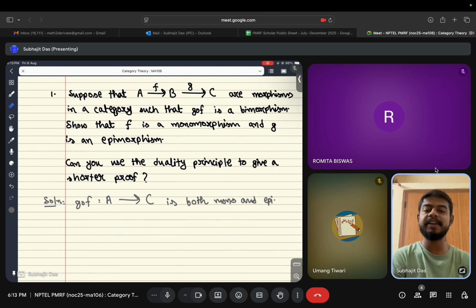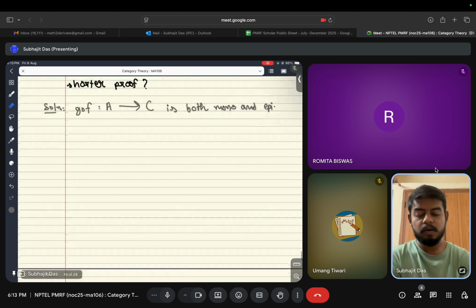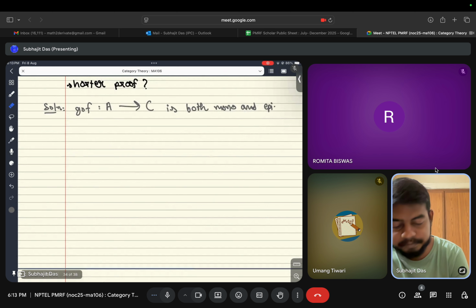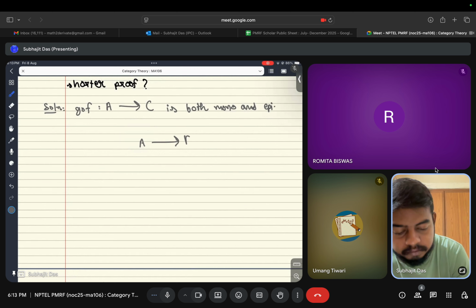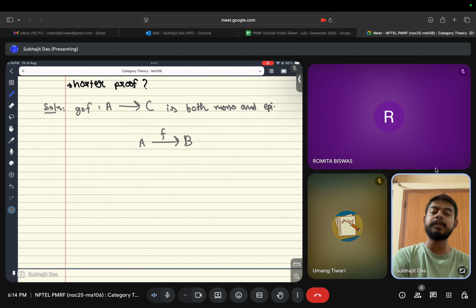A monomorphism in a category is exactly a left cancelable morphism, right? So to show that F is a monomorphism, this is your F from A to B. You need to show F is left cancelable, that you can cancel F on the left.